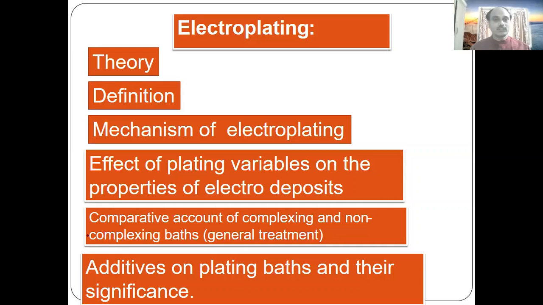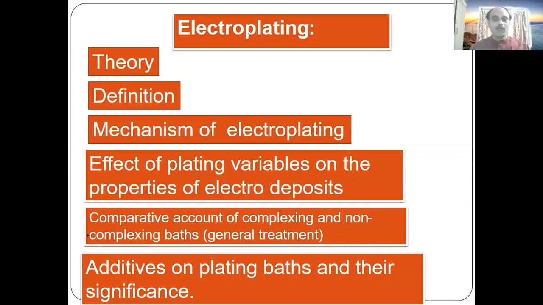And what all we are going to study in this is theory, that is how electroplating is done, and definition, mechanism of electroplating, that is how we are going to adopt a procedure to coat a particular desired metal onto the surface of the other, and effect of plating variables on the properties of electrode deposits.